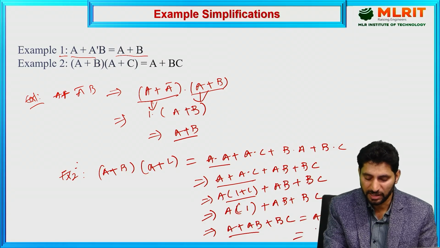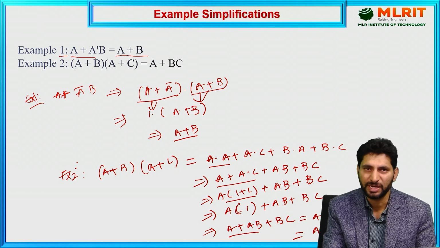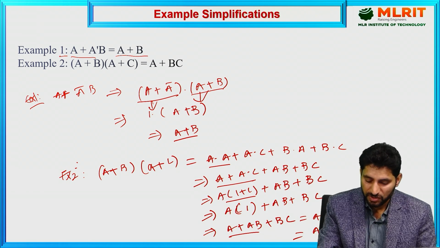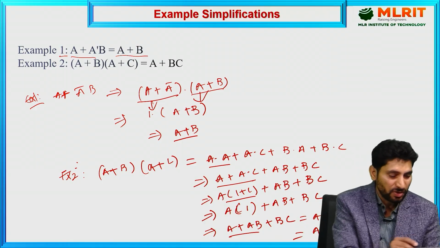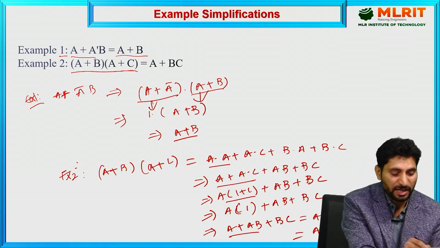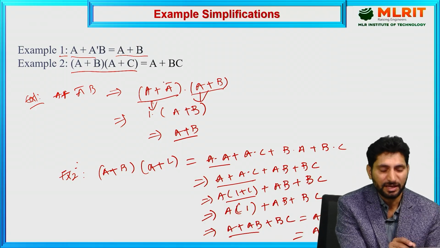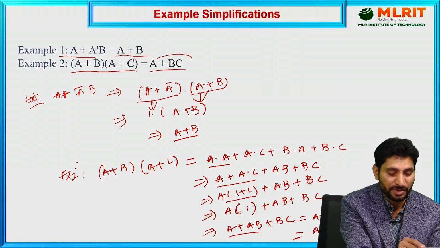So here A of 1 plus BC, because 1 plus B is nothing but 1 only. So finally we'll get A plus BC, because A dot 1 is A only. So from A plus B into A plus C, we got A plus BC as the minimized equation.